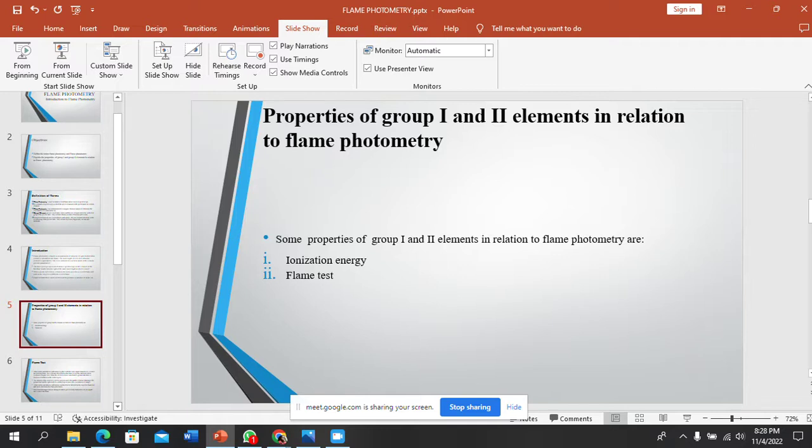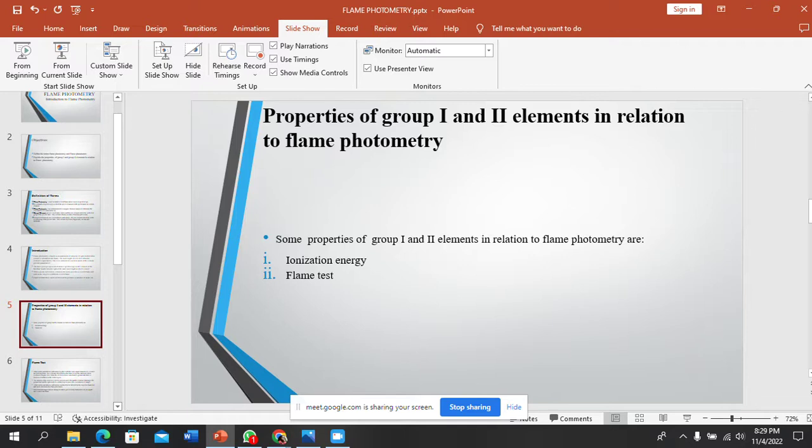Are you there, class? Yes, Eric? They have high melting point and boiling point. Yes. True, they have high boiling and melting point because most of the group 1 and group 2 elements are solid in nature, and probably they'll have higher melting points.